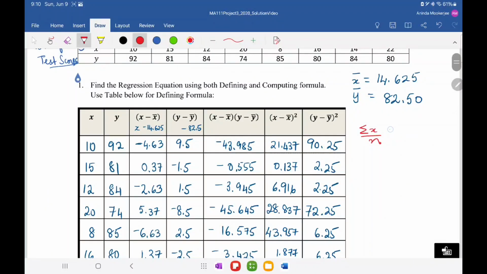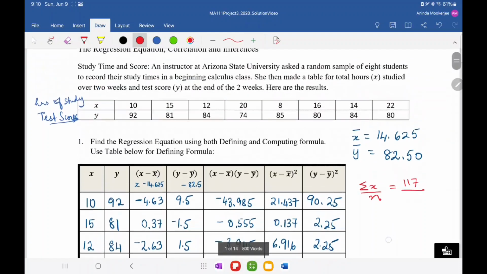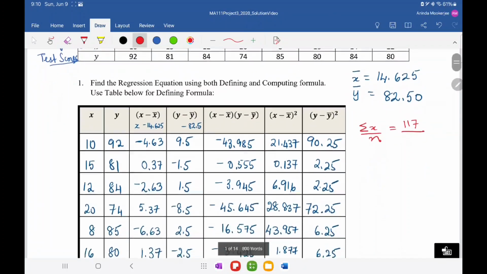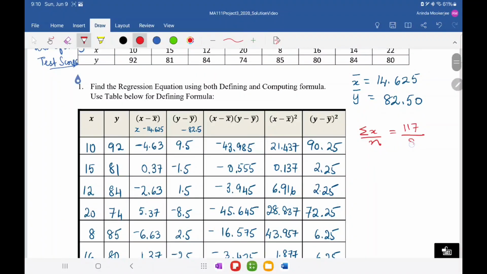So it's going to be 117, and n is the number of values given to us. It's a random sample of 8 students, so n is 8, right? n is 8. And when we do the division, we should get 14.625. So x bar is going to be 14.625.